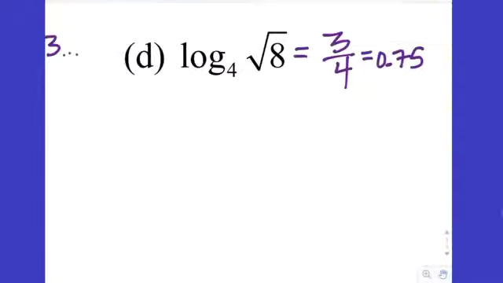On this one, you may not even need the natural log of 2 to help you.